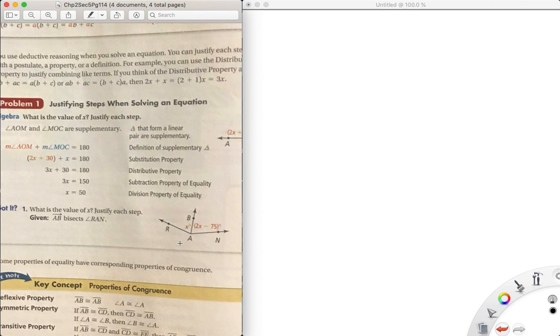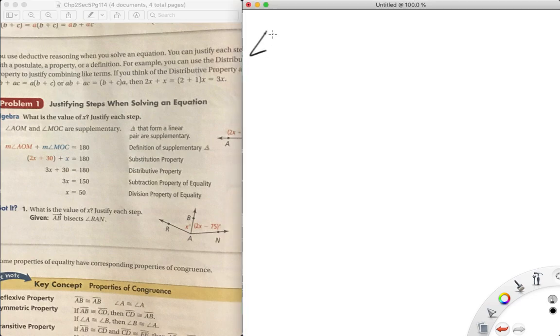So I know that angle RAN is equal to RAB, sorry, is equal to BAN. Okay, I'm just going to say that's given to me. That's my justification.